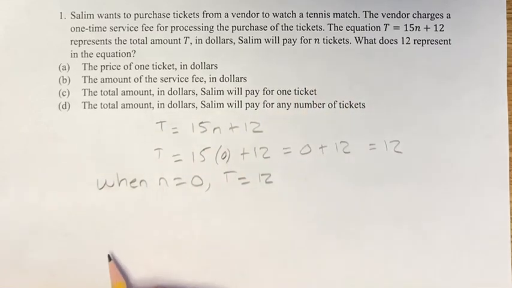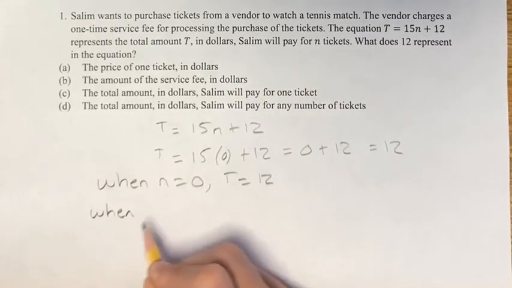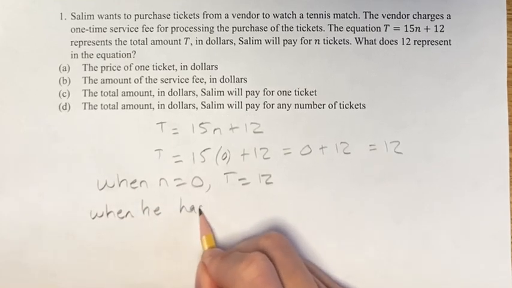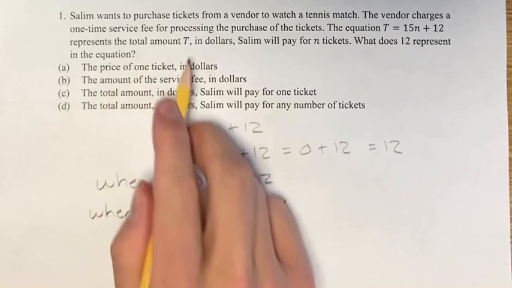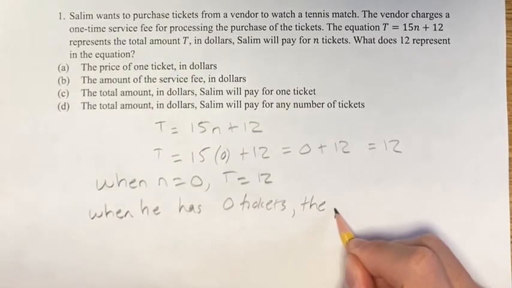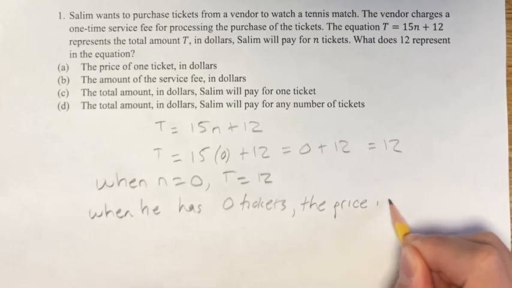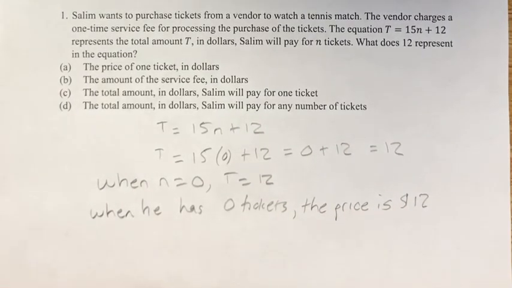When the number of tickets is 0, since N is the number of tickets, when he has 0 tickets, the total amount, T, is equal to 12. The price is $12. So what does this mean?